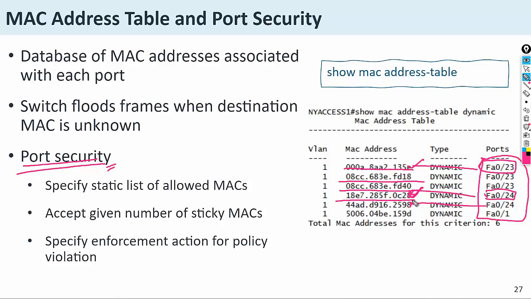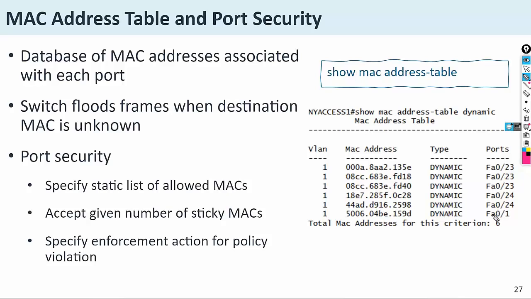So it will be considered port security. It means this port is only associated with the MAC address, so ultimately other MAC addresses will not be considered. For example, if on port number 1 I associate this MAC address, then if another person wants to connect to this port, they must have the same MAC address.